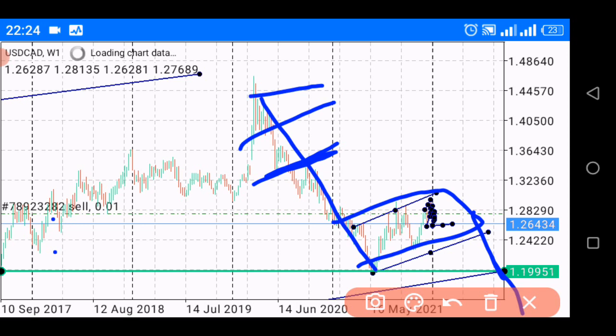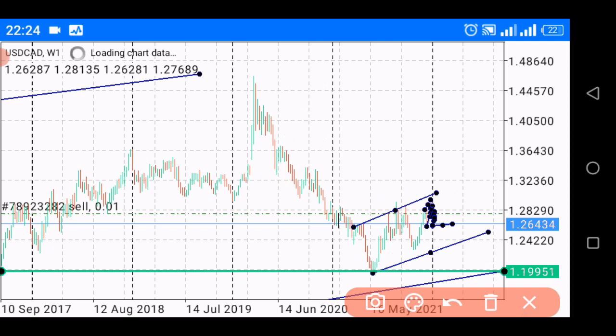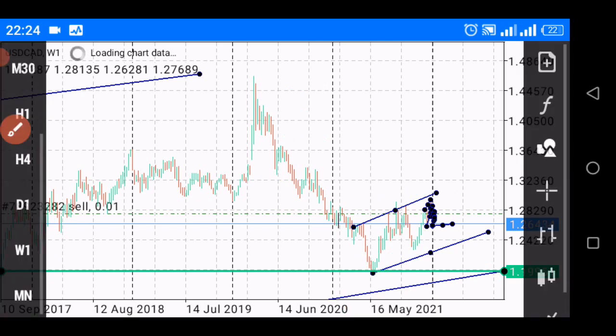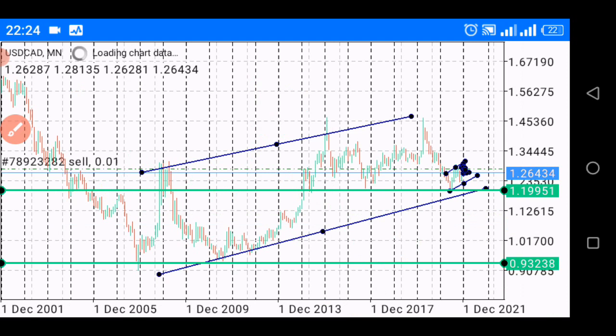I'm not so certain of it, but I'm certain that sometimes price is going to fulfill half of the previous impulsive movement. So now I know that what I'm expecting in the monthly chart is probably a W formation or a breakout because of this movement in the weekly chart.